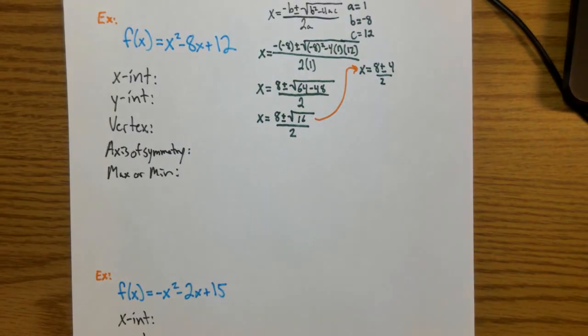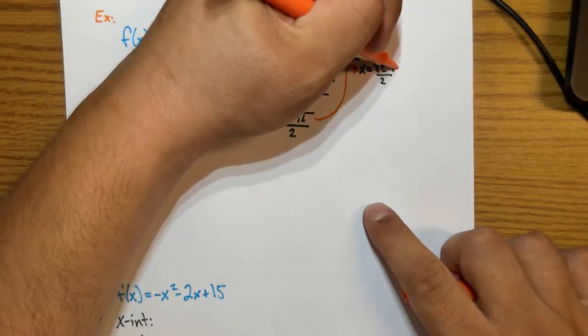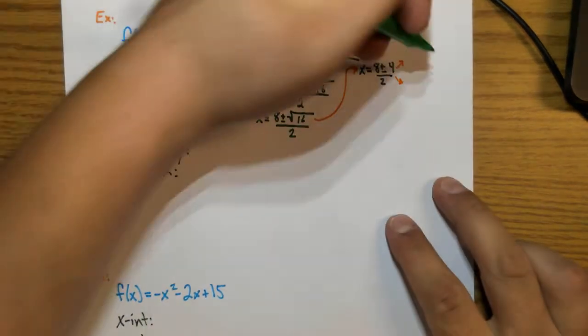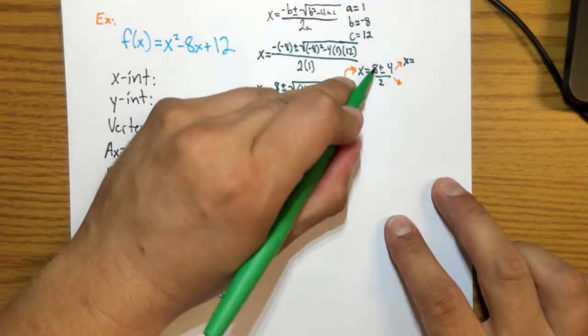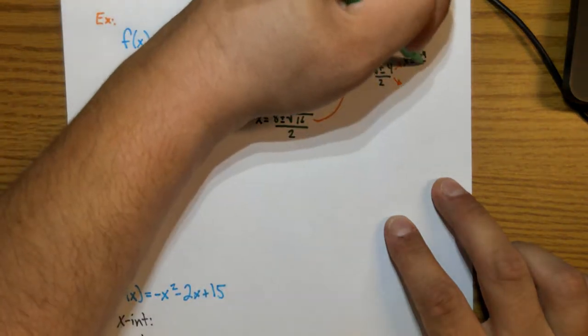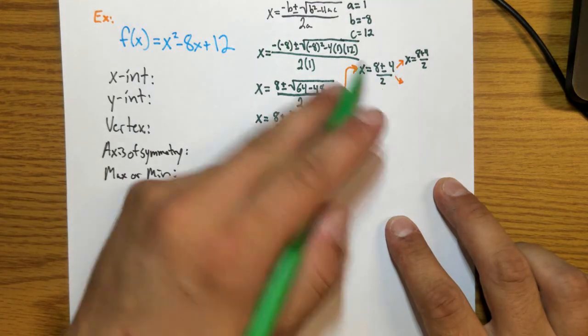And then we can split it into two different equations here. One, we're going to have x equals 8 plus 4 divided by 2, and the other one, we're going to have 8 minus 4 divided by 2.